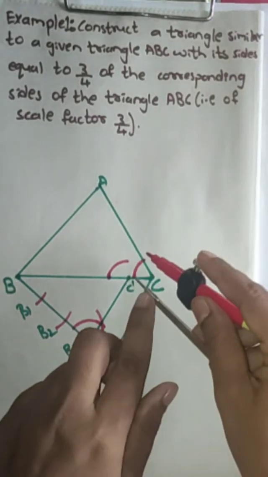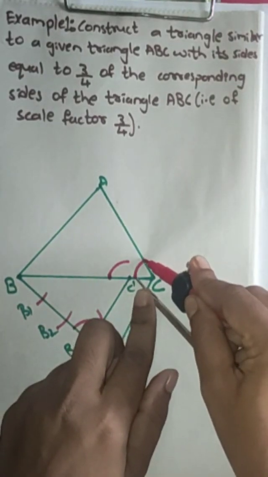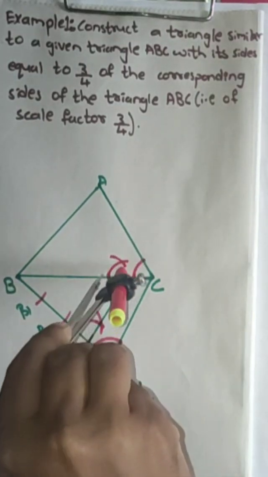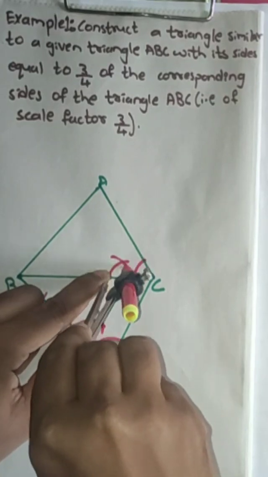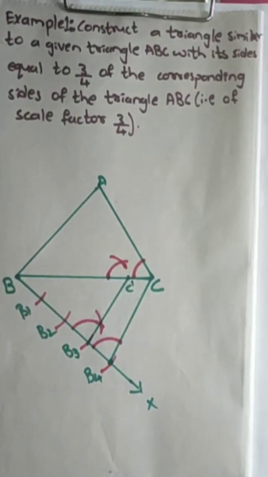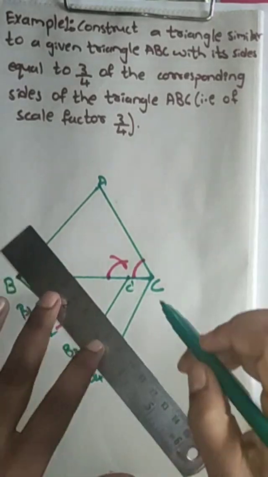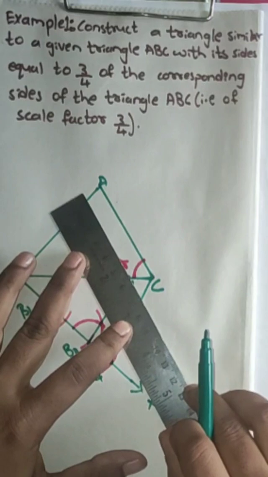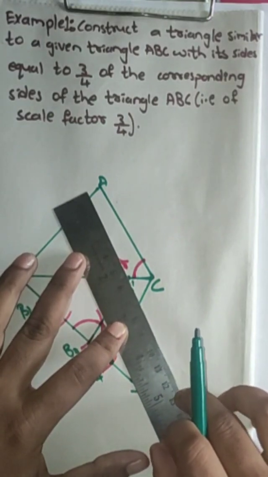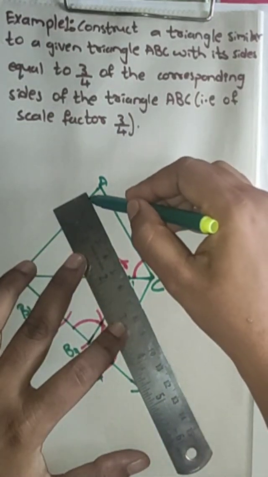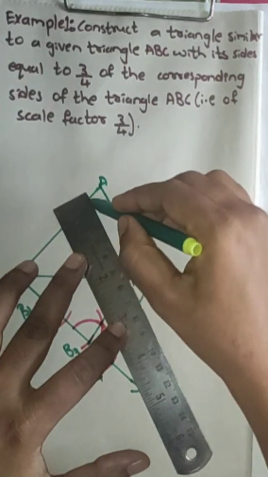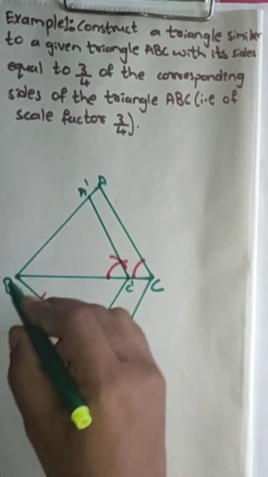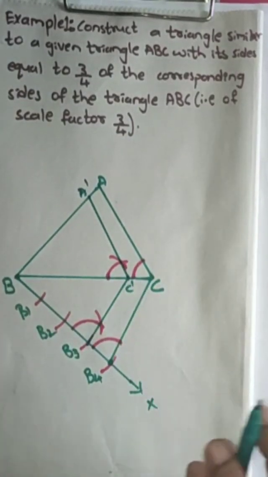Again same procedure, measure an arc, cut an intersection arc. Now join to intersect this AB side. Now this A dash B C dash is our required triangle.